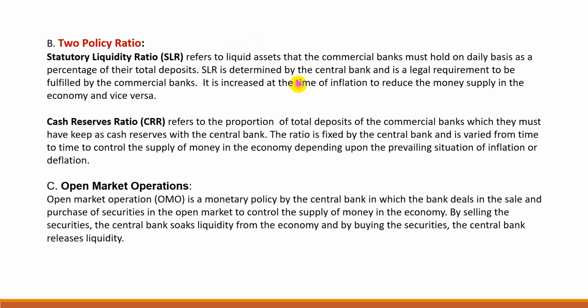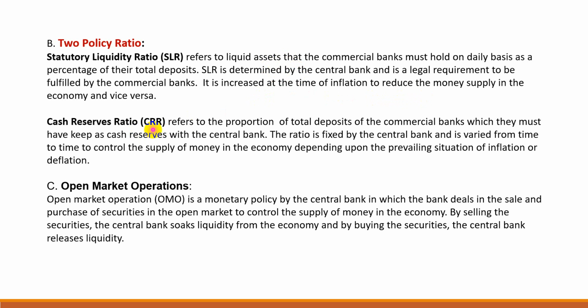SLR is determined by the central bank and is a legal requirement to be fulfilled by the commercial banks. It is increased at the time of inflation to reduce the money supply in the economy and vice versa. So this money is retained by the commercial banks.